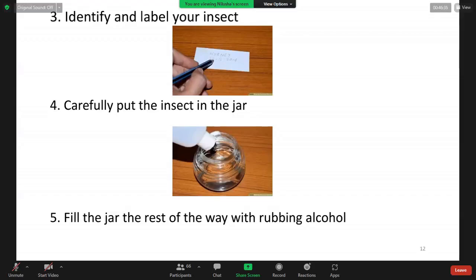After we fill the jar to half level with rubbing alcohol, then we insert the insect into the jar. Finally, you have to fill the rest of the jar with the rubbing alcohol. After that, you seal the jar or container.